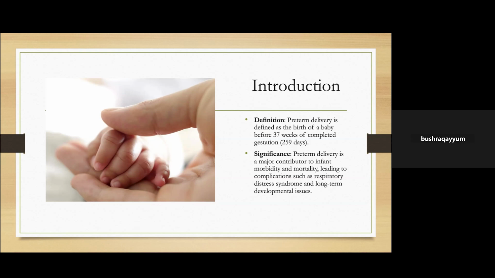Gestational age at delivery and birth weight are two primary factors that significantly impact the death and morbidity rates of preterm infants. The occurrence of premature births has substantial financial repercussions for both the healthcare system and society as a whole.